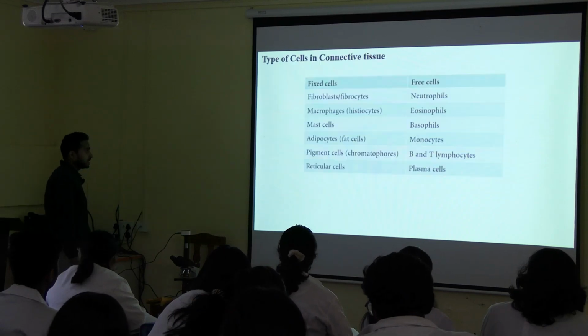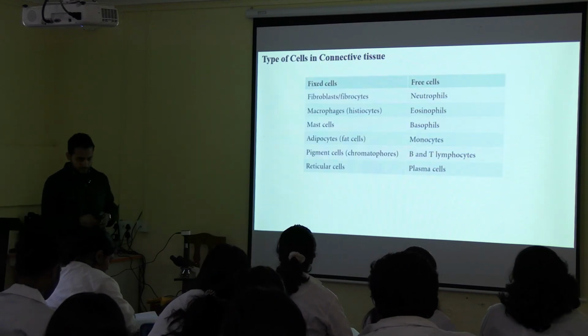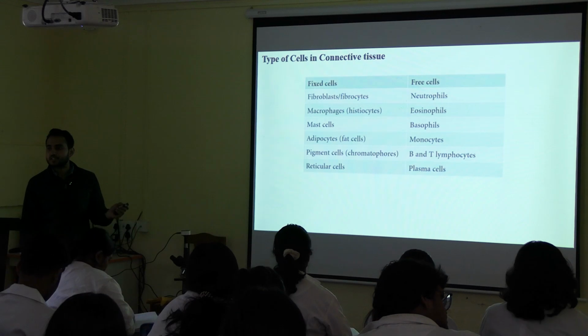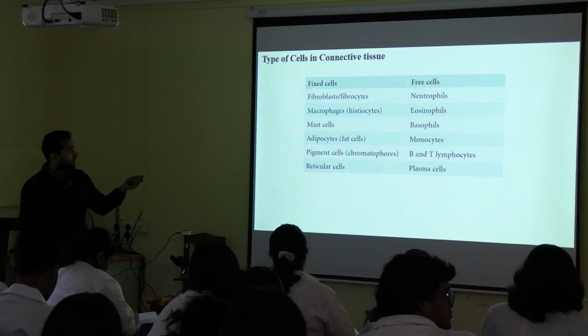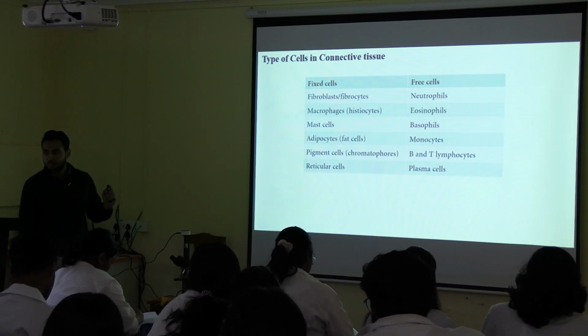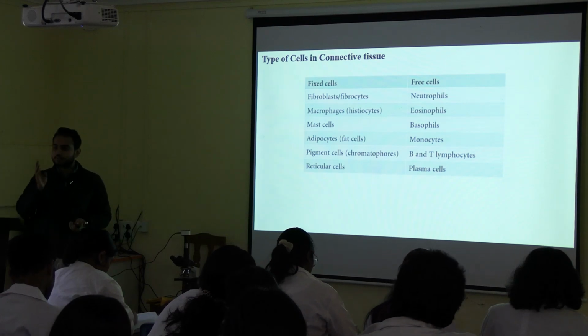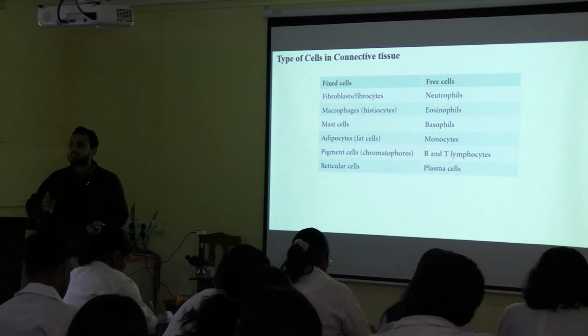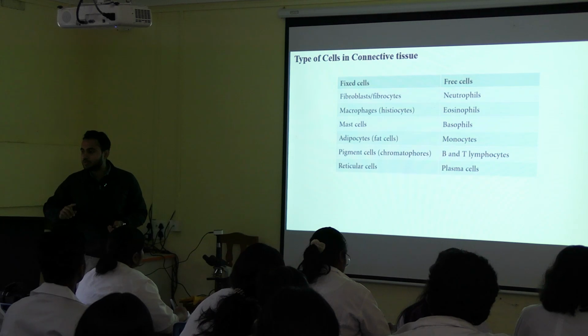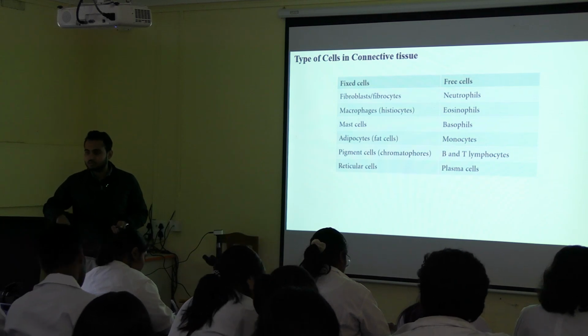So here you can see the list of the cells. As I said, two types of cells are there in the connective tissue. What are these? Fixed cells and free cells. Now in some books it is written as free cells, in some books it is written as wandering cells.